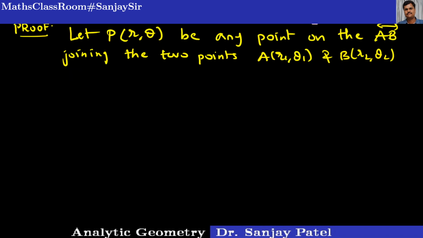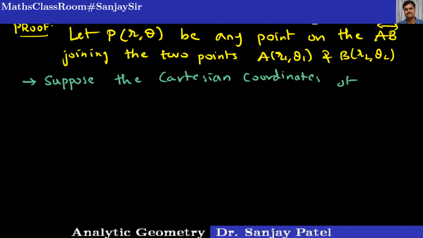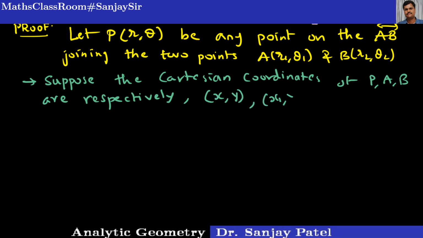What I am going to do next is suppose the Cartesian coordinates of the points P, A and B, these three points, are respectively x comma y, then x1 comma y1 and x2 comma y2.